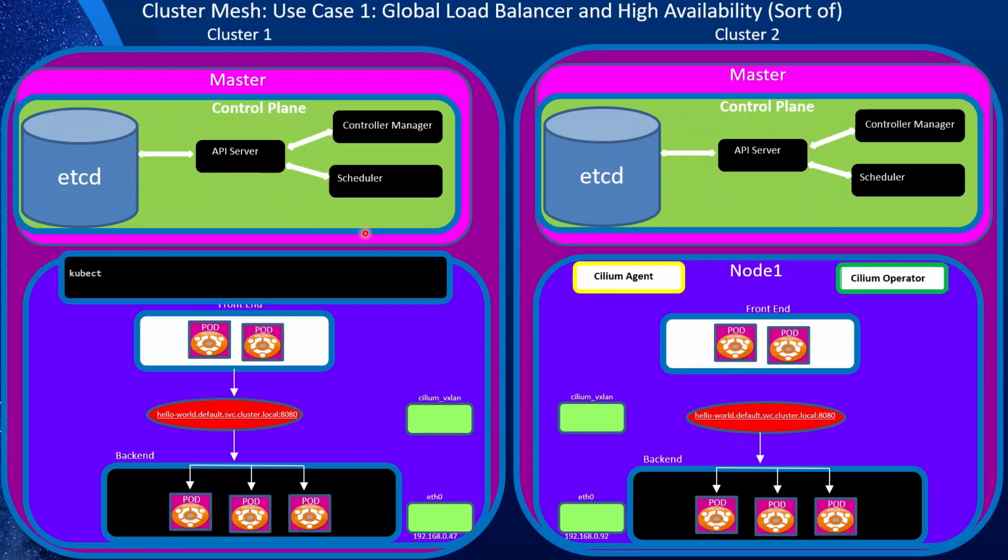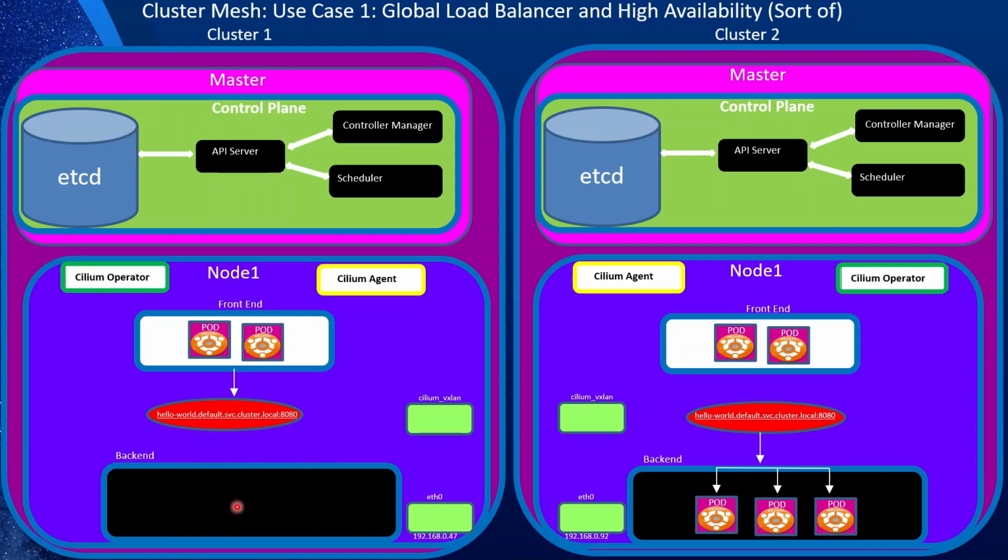In order to do that, we need to run the command kubectl scale deployment hello world replicas equal to 0. When we do that, it takes out all these pods, so we don't have any pods over here. So when the service call comes in again, this time it always goes through the tunnel, and then these pods will be responding.